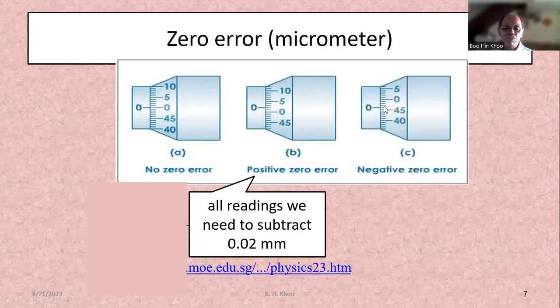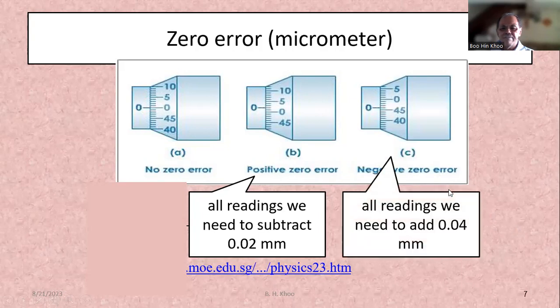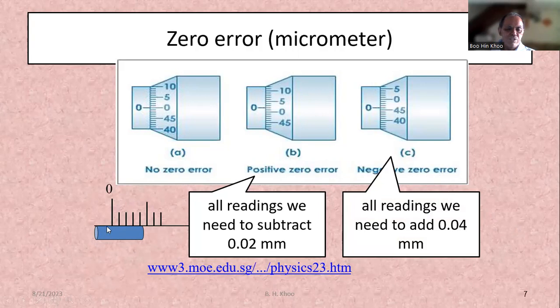That's the 0, and it's below there, so it's 1, 2, 3, 4. So it's a negative zero error, and we have to add 0.04 if we use this micrometer. It's just like a meter rule where, instead of putting the rod at zero, you put it below zero.